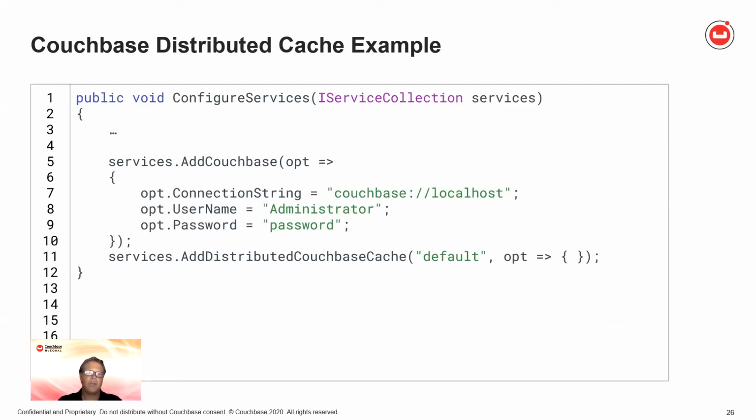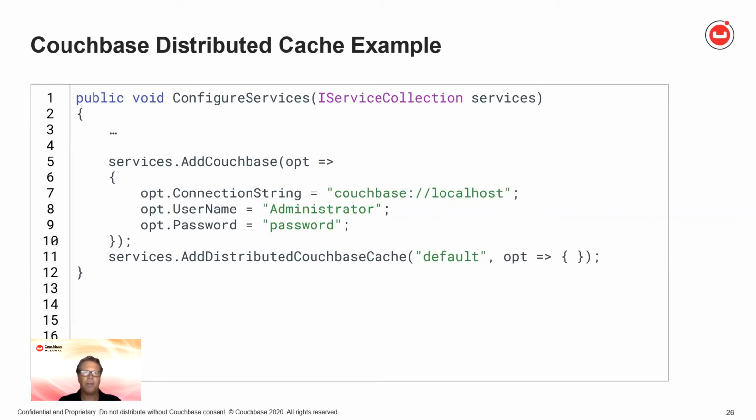Now, you still have to register it into DI. To do that, you go into your ConfigureServices method in Startup.cs, and the first thing you do is register your Couchbase service, AddCouchbase, and pass in your options. In this case, we have a connection string to localhost and a default username and password. Please don't use this in your real app. Not secure.